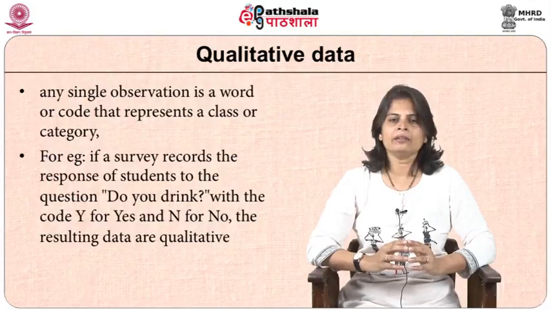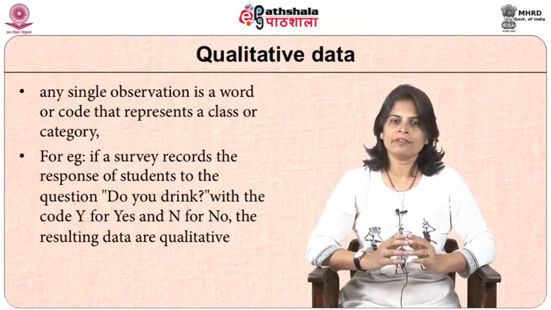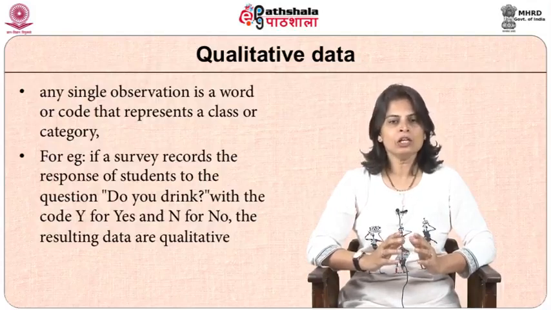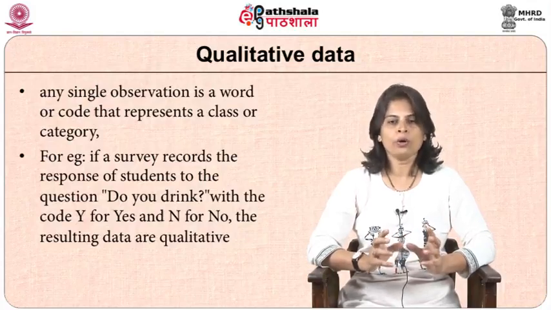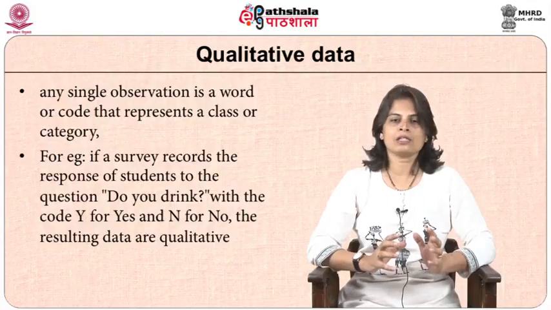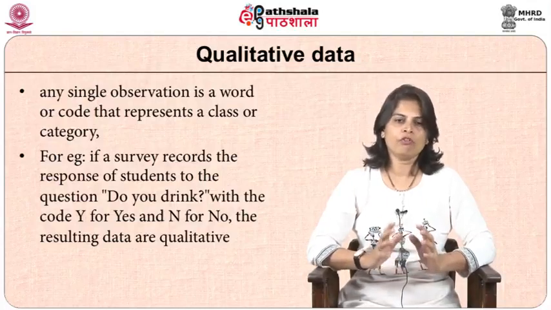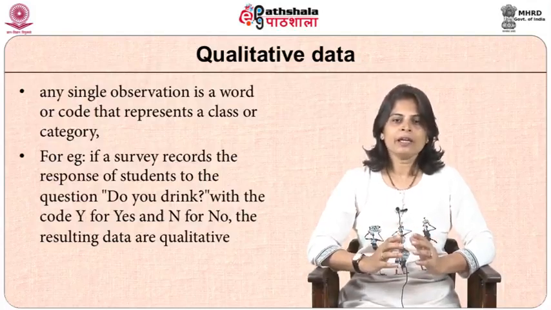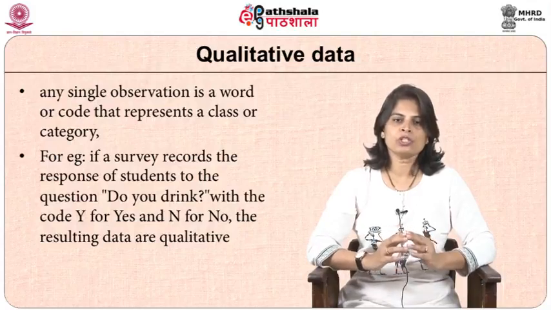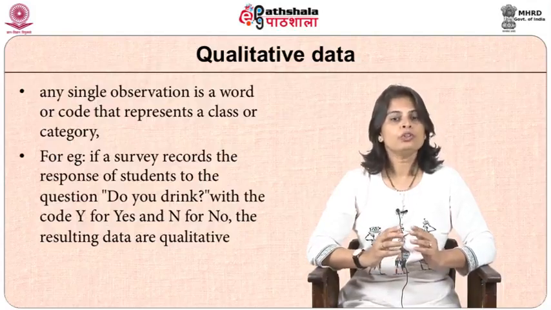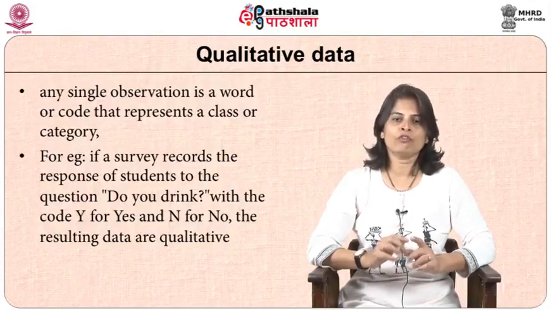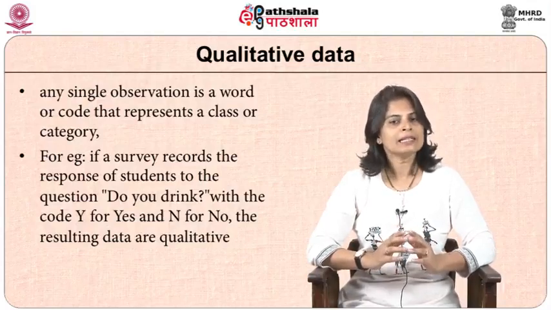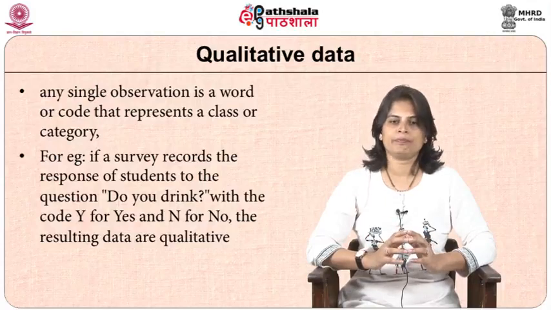On the other hand, qualitative data is a single observation which is in the form of a word or a code that represents a class or a category. For example, if a survey records the response of students to the question, "Do you drink?" with the code Y for yes and N for no, then the resulting data would be qualitative.